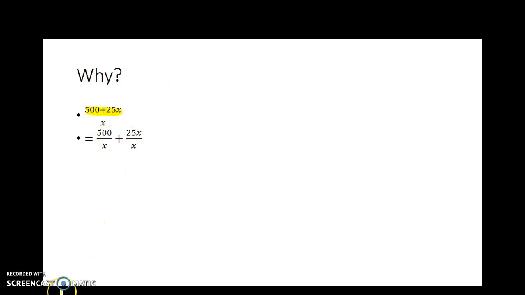So if we take, for example, 1/5 plus 2/5, then that means we have a total of 3/5, or 1 plus 2 over 5. So similarly, we can go from taking a fraction and decomposing it back into two separate fractions, which is what we've done here.